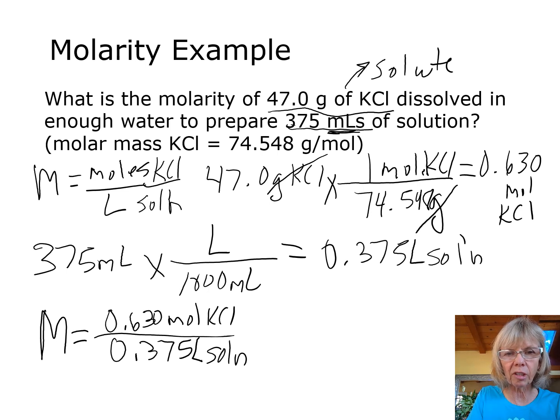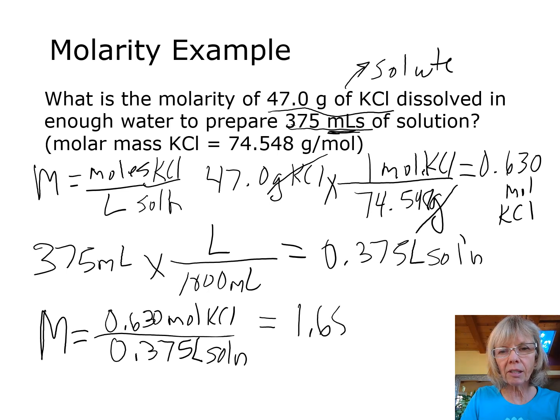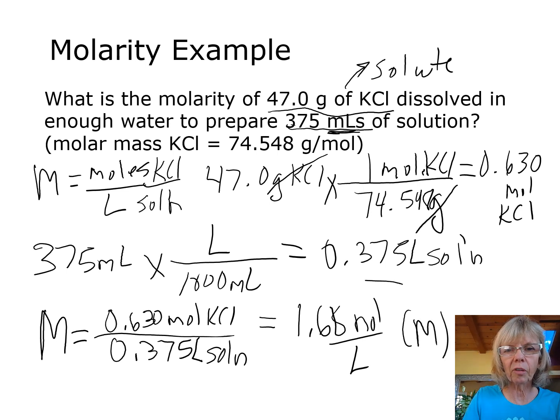So if you have a different unit for the quantity of your solvent or your solute or your solution, then they need to be changed. So we have 0.630 divided by 0.375. That equals 1.68 moles per liter. And you could also just abbreviate it with a big M if you wanted to for your final answer.